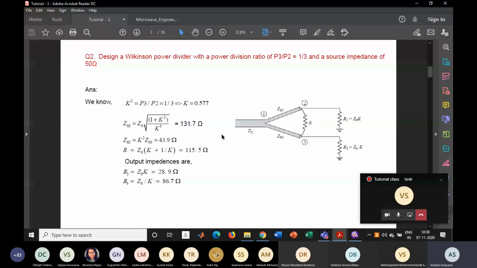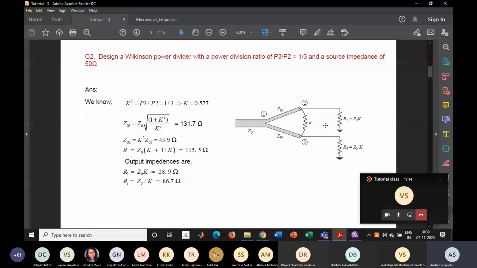So here as well, Z03 can be found out by Z02 and using this K ratio, we can find out R2 and R3. What should be the termination impedances of those power division ports? So this is also a very straightforward question. So nothing to discuss about this because all the equations are given in the book. So you can directly use those equations.